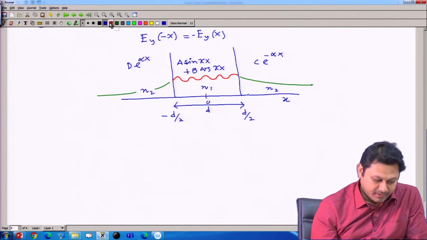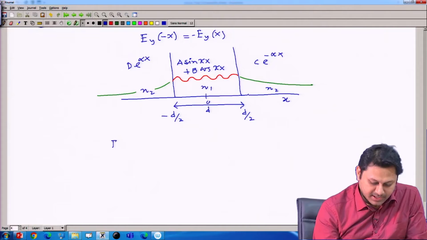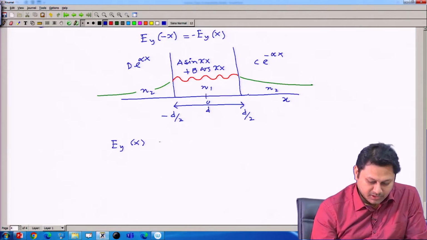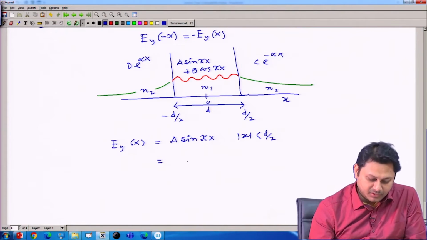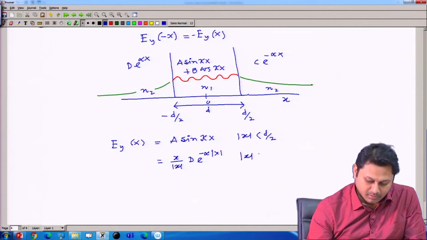So, for the antisymmetric solution, I have a general solution of the form E_y of x equal to A sine of kappa x, that is for x less than d by 2, and I can also have a solution of the form x divided by mod of x, D e to the power of minus alpha x, for x greater than d by 2.